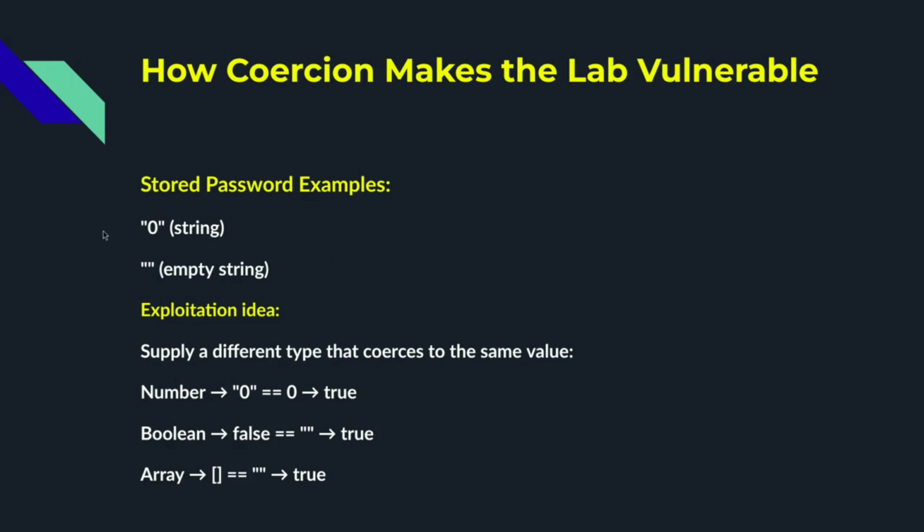When the password is a string in the backend database, but we send the very same password as a number, JavaScript is going to convert or coerce it to make sure that they are the same types before it does the comparison. So that is the simple logic that has been happening in our lab.